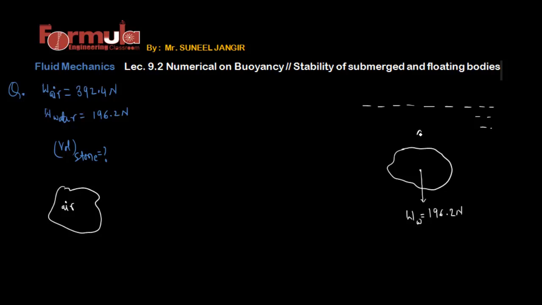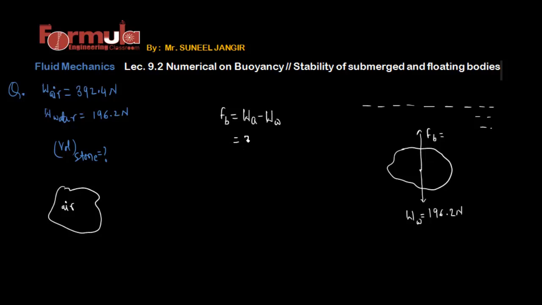The buoyant force will obviously be the difference of these weights. So this buoyant force FB will simply be the weight of the stone in the air minus the weight of the stone in the water.